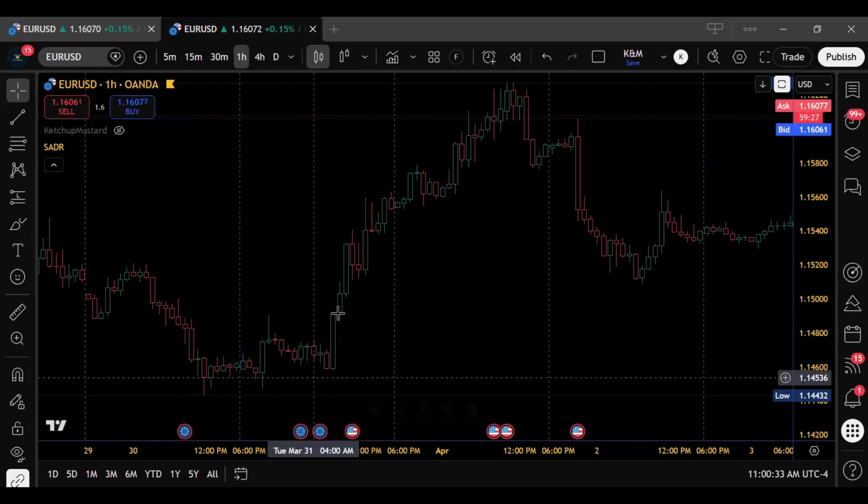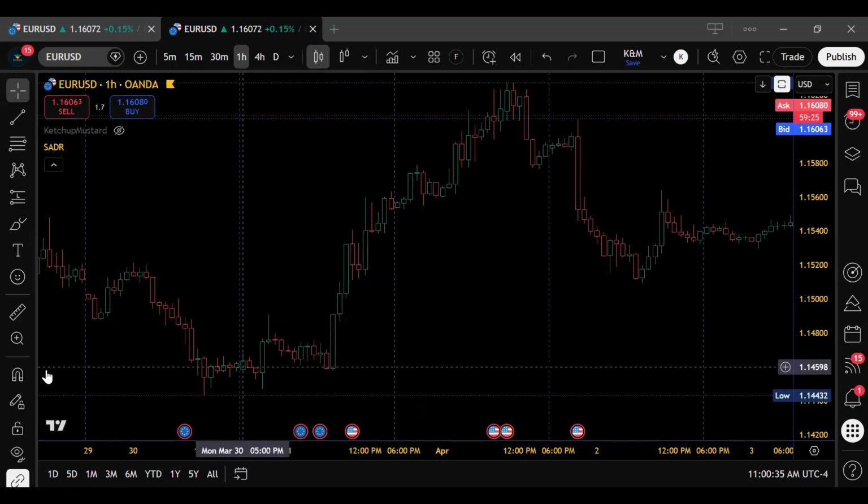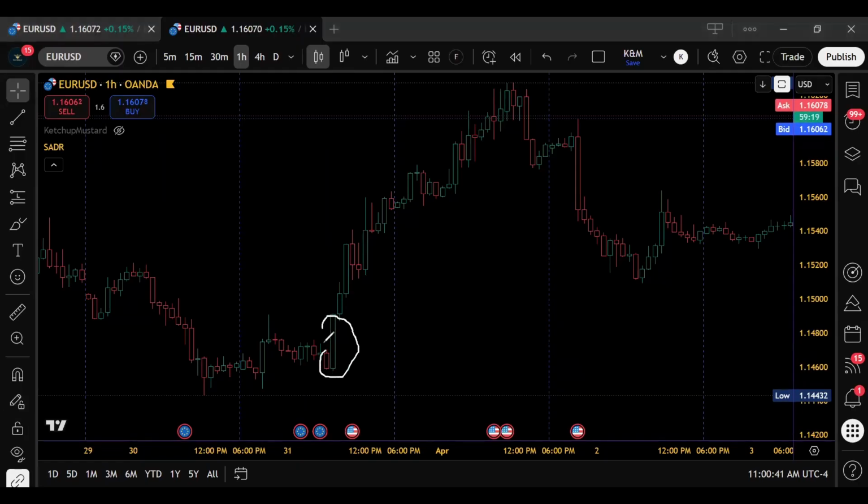So we got a bullish engulfing candle. Bullish engulfing. After that happened, this is your W here. One big ugly W. I ain't mean to do that last part.